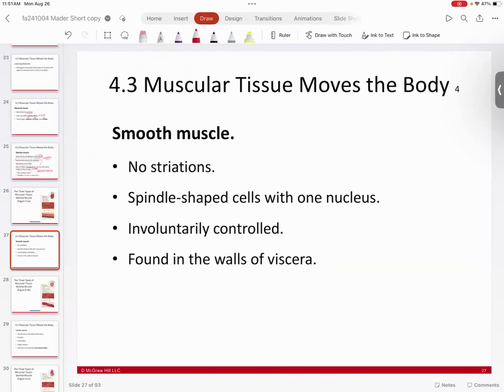Smooth muscles, on the other hand, don't have any striations. They're not long and cylindrical. They're spindle shaped. They almost look like gummy worms, and they tend to rest on top of each other. They typically have one nucleus.